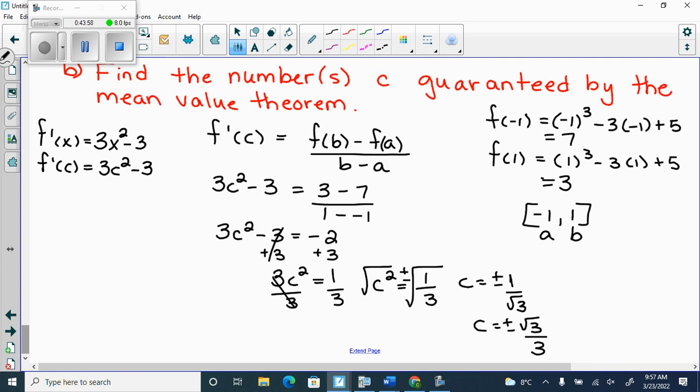So I want you to type the original into your calculator, please. Y equals, what was it again? X cubed minus 3x plus 5. And we don't want to look at the whole thing. We want to restrict it between negative 1 and 1, right?